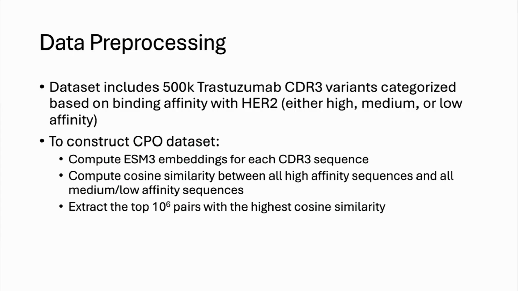To build this out, we followed a similar method to CLEAN, where we took the embeddings of all the CDR3 sequences generated from ESM3 and extracted the top 1 million most similar embeddings based on their cosine similarity. We used that as our training data set. This resulted in a ratio of 1 positive sequence for 4 to 5 negative sequences.